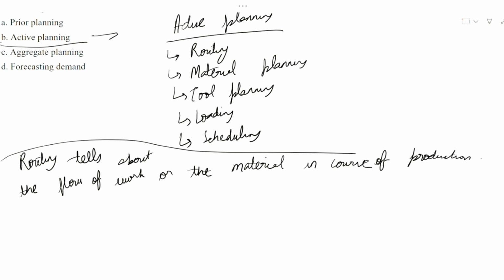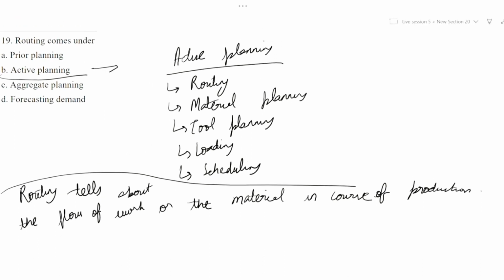This means like what will be the different stages through which it will be passing and what will be the different paths it will be following, that will depend upon the layout of the facilities. Okay, so the next question.